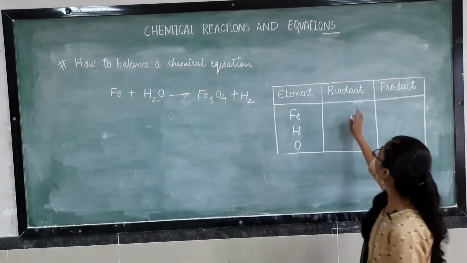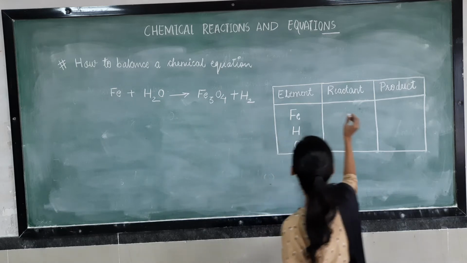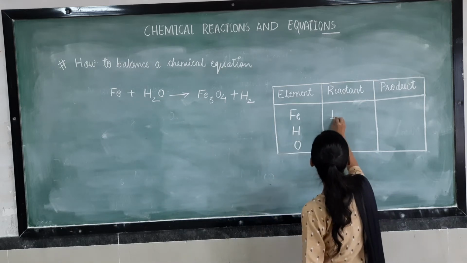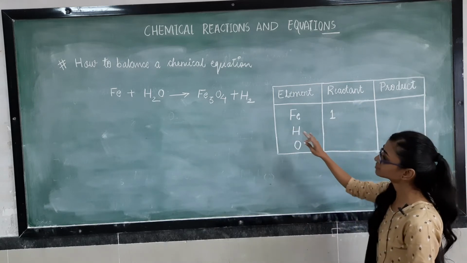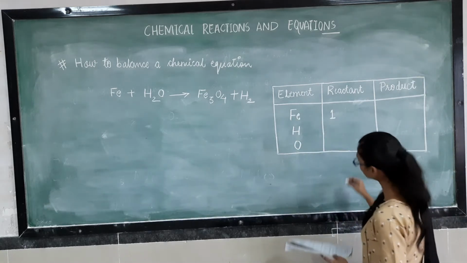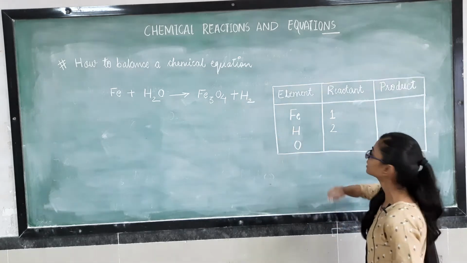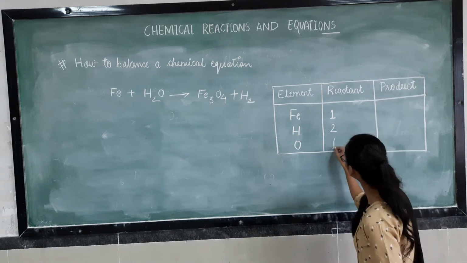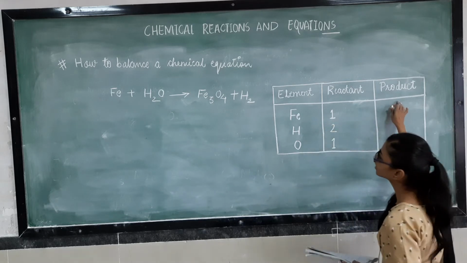So in the reactant side, how many Fe atoms are present? One iron atom is present. Hydrogen, how many hydrogens are present? 2 hydrogens are present. And how much oxygen is present? 1 oxygen is present. Then in the product side, how many iron are present?